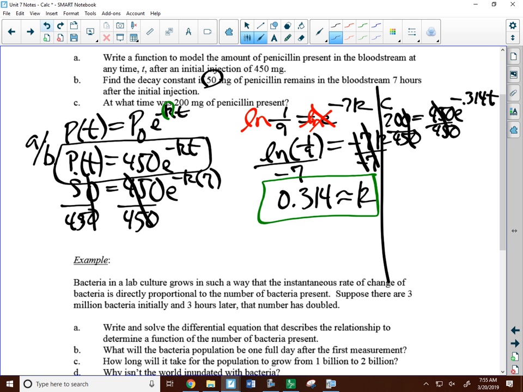So 200 over 450, that's 20 over 45, which is 4/9 as a fraction. But again, you could leave it as this, or write it as a decimal. Throw a natural log on both sides, and then we'll divide.